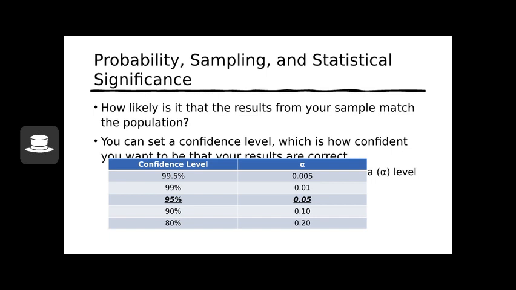Now, if you're looking at this chart, you might notice something about the relationship between the confidence level and the alpha level, right? So, for example, 95%, which is the more common one to use, if you represented that as a decimal, that would be 0.95. The alpha level is 0.05, right? 0.95 plus 0.05 is 100, or technically 1.00, but 100%.